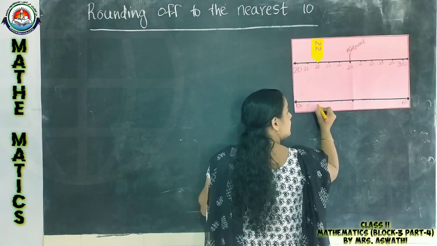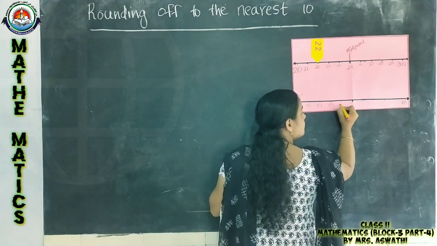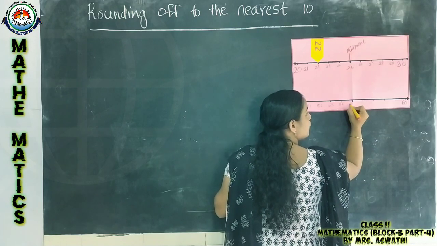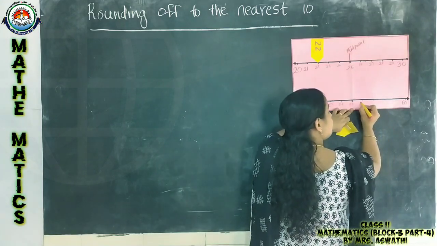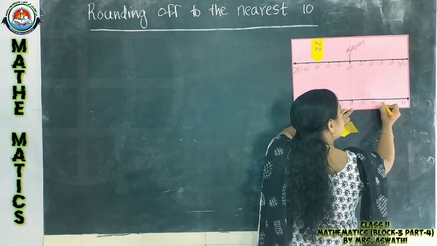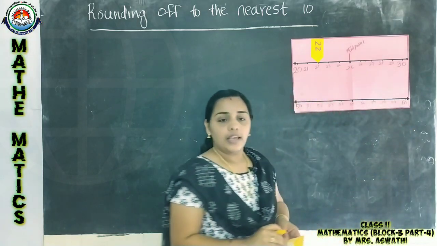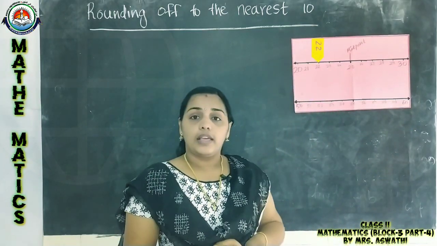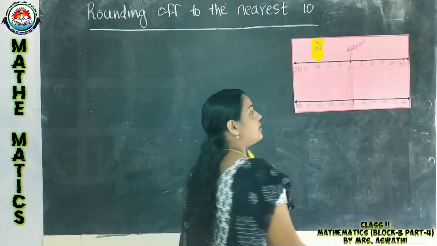We can write the numbers completely: 51, 52, 53, 54, 55, 56, 57, 58, 59. Yes. Now we can find the midpoint. Which is the midpoint?